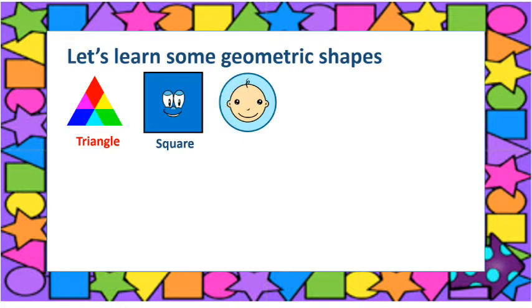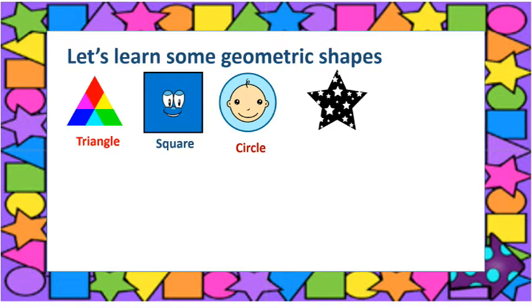What shape is this? This is a circle. A circle has only one curved side and no angles. It doesn't have any angles. What shape is this?